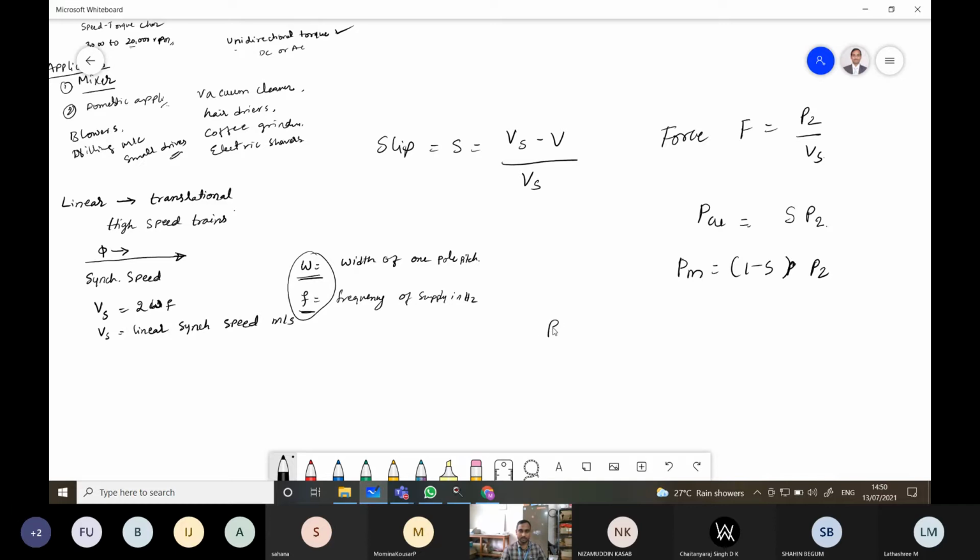Where P2 is equal to actual power supplied and PM is equal to mechanical power.